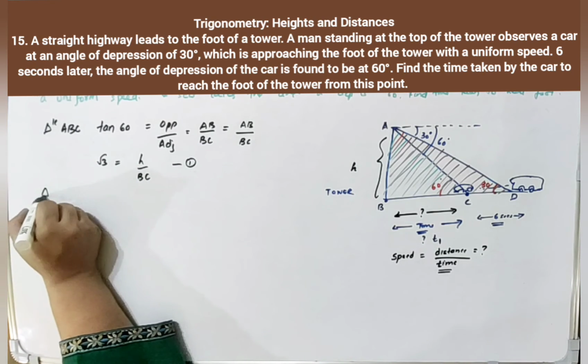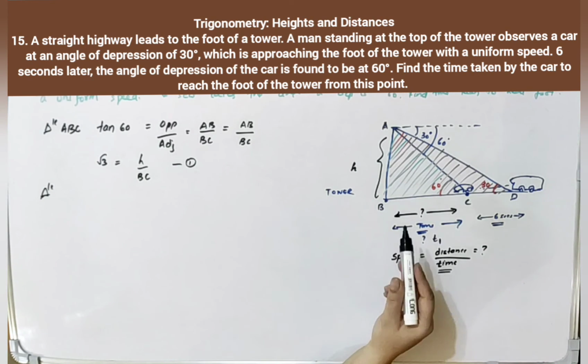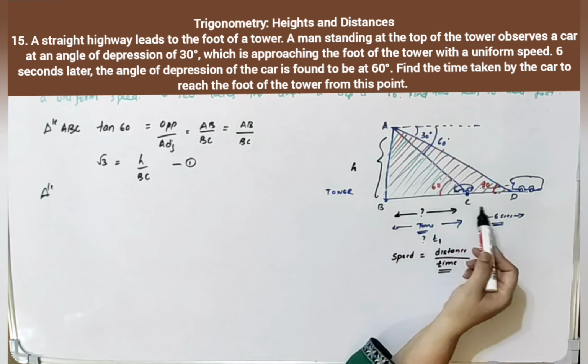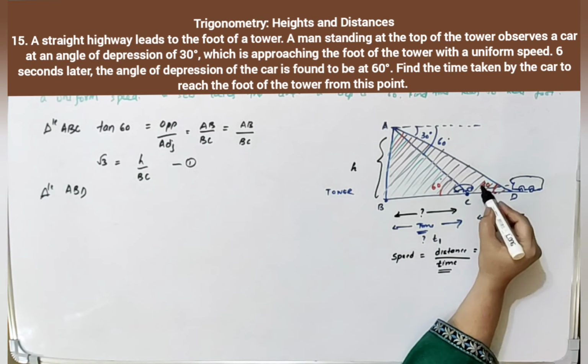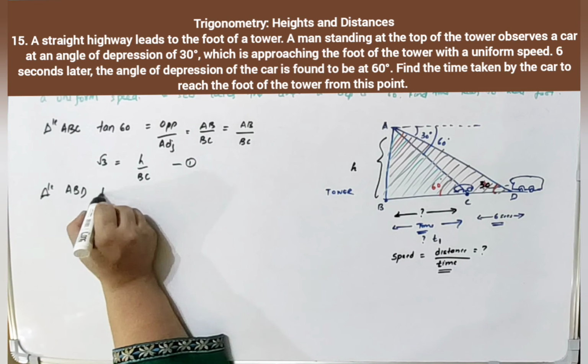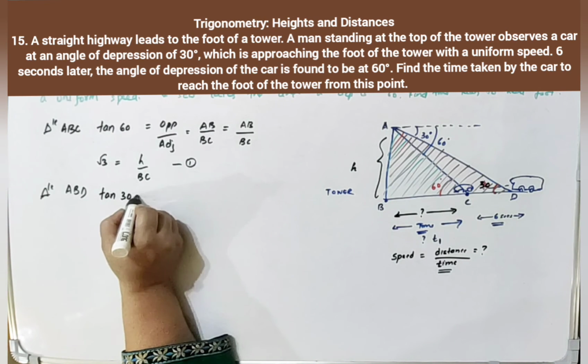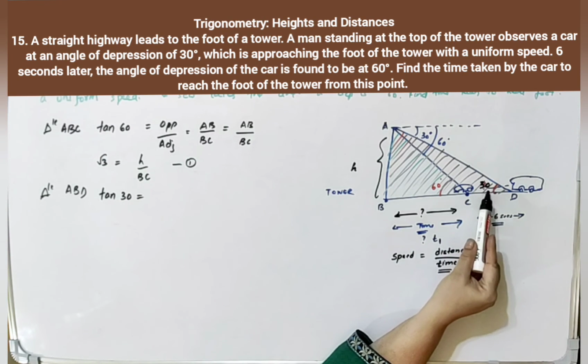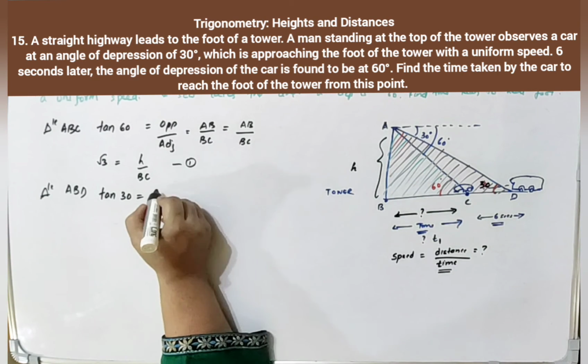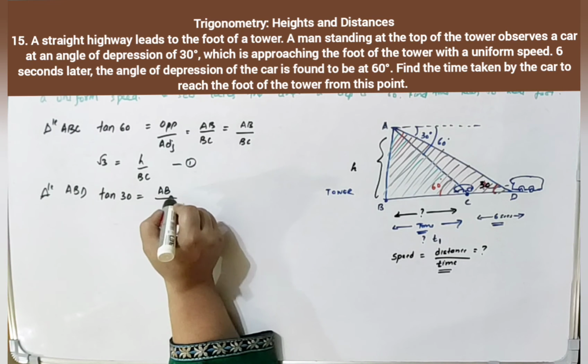Now let's take the bigger triangle, ABD. The angle that we have is 30 degrees over here. So tan 30 is equal to opposite by adjacent. What is the opposite side? Opposite to the angle 30 is AB and adjacent is BD.